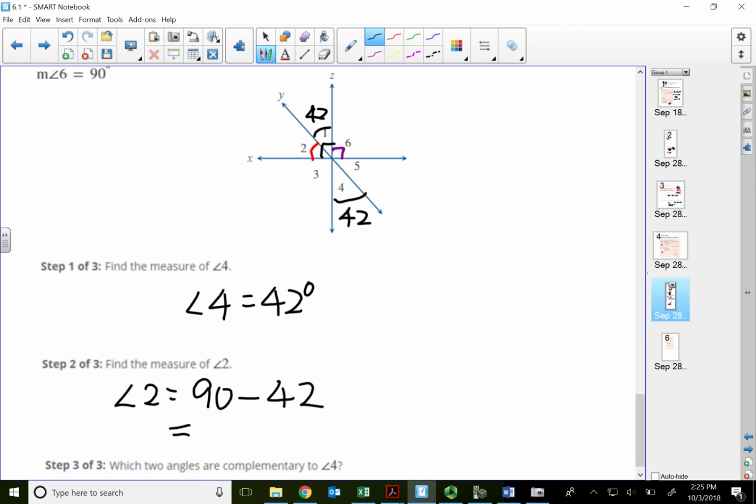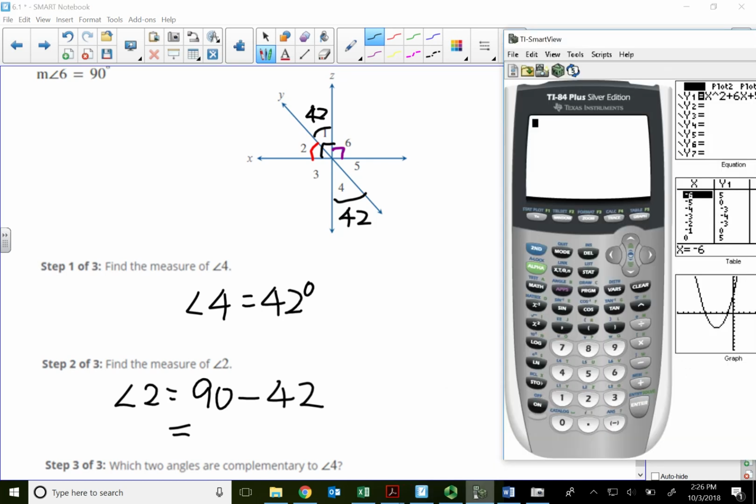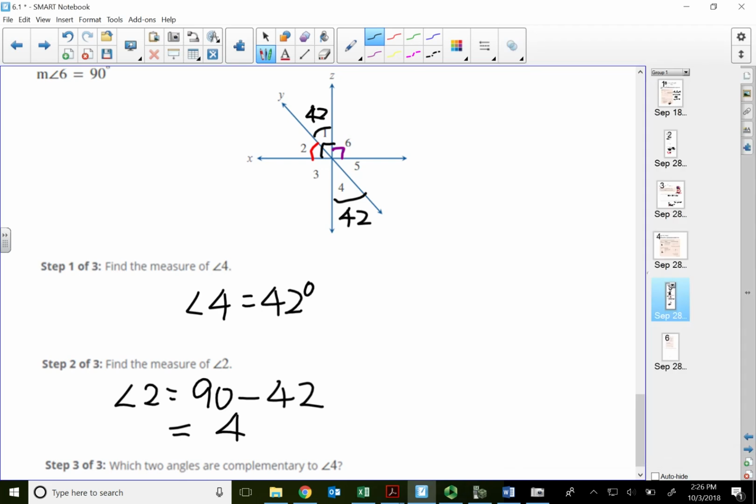It's very important that we use the total of 90 between 1 and 2 and subtract off part of it, because that same 90 degrees is being split up. To find the missing one, knowing the total, if I know angle 1, I can find the other one, which is 48 degrees.